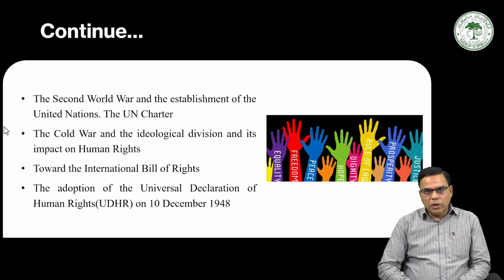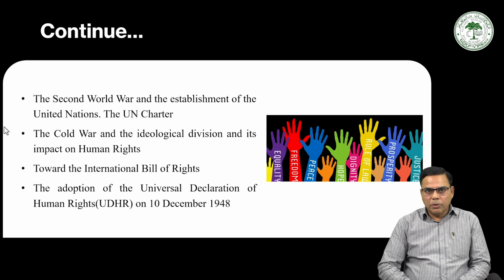So, like India, many other countries were influenced by this document. The beauty of this document is that, of course, it is a declaration, so it does not have what is called an implementation mechanism.